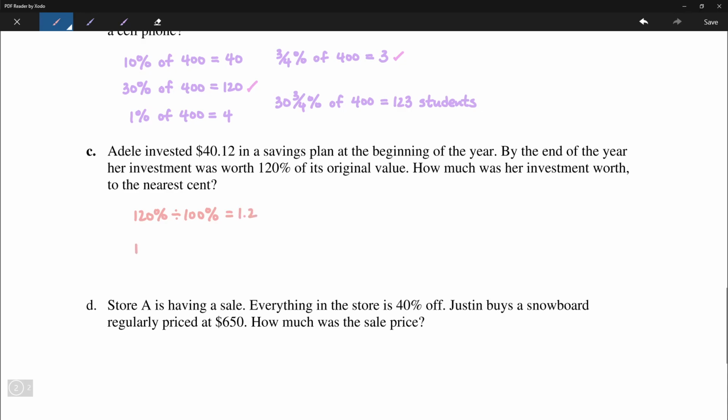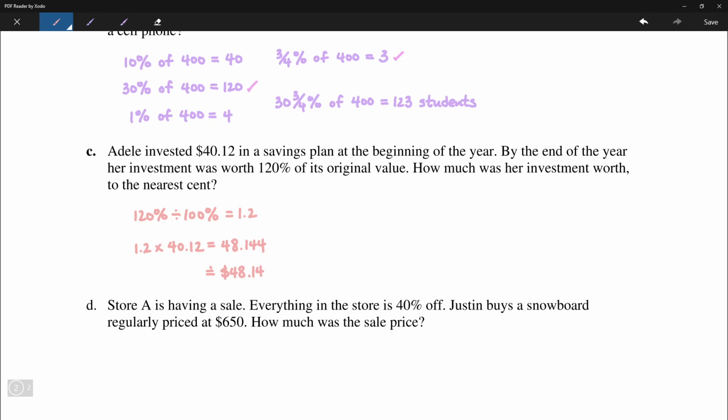And then we're going to take 1.2 and multiply by $40.12 and see what the final value of the investment is. And in this case, we get 48.144. And then we're going to round that to 2 decimal places to the nearest cent. So that will be $48.14.